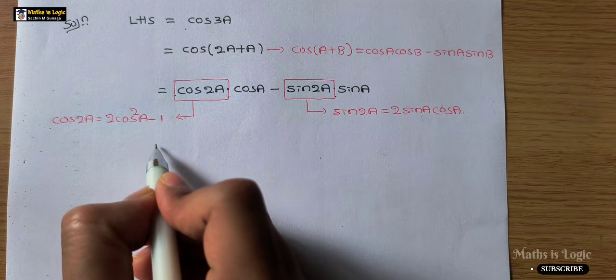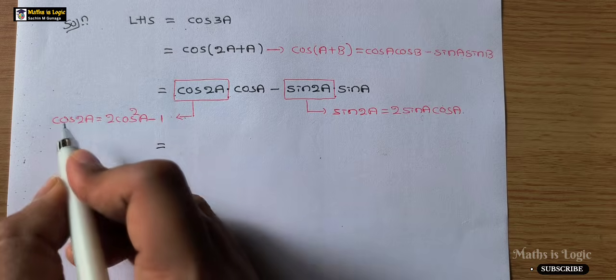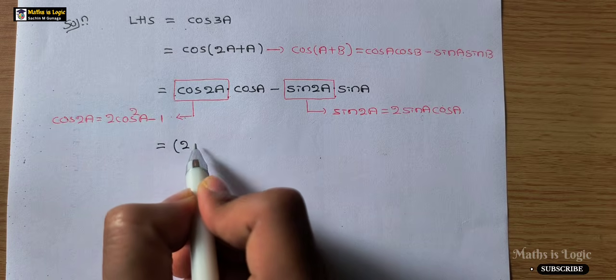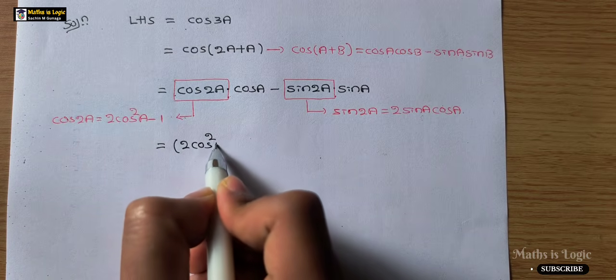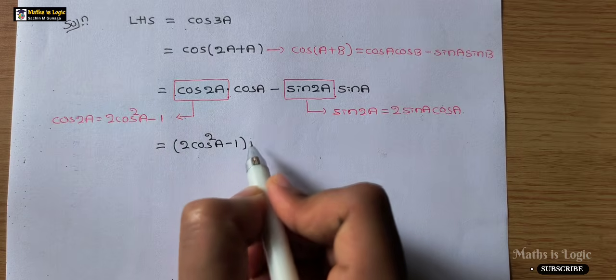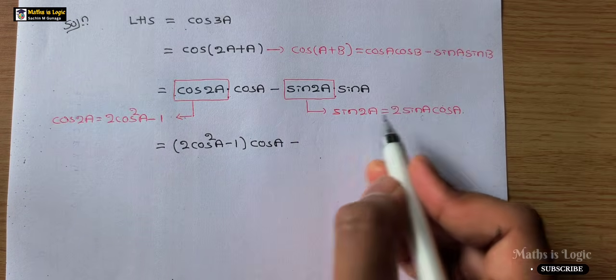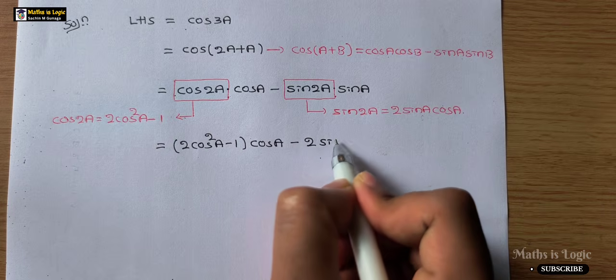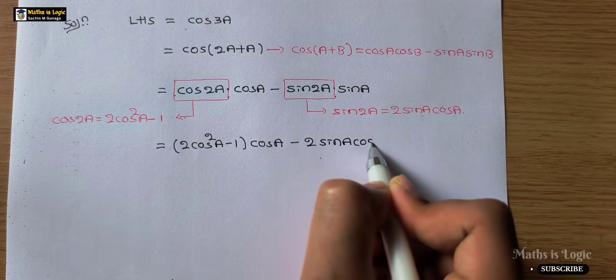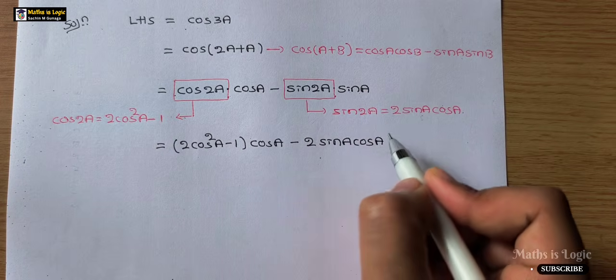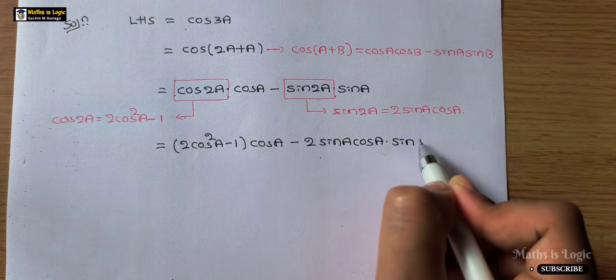So replace, which is equal to cos 2a, that is 2 cos square a minus 1, into cos a, keep it as it is, minus sin 2a, is 2 times sin a into cos a, and this sin a I'm going to keep as it is.